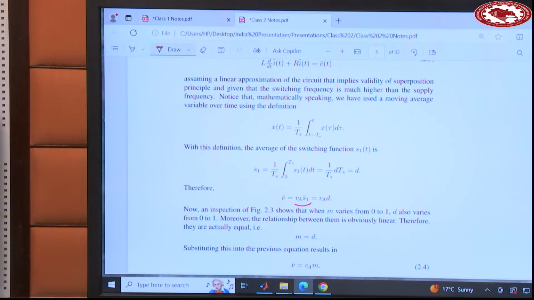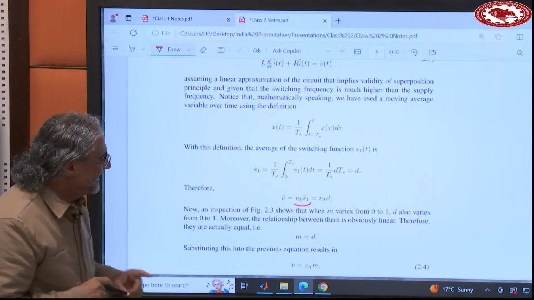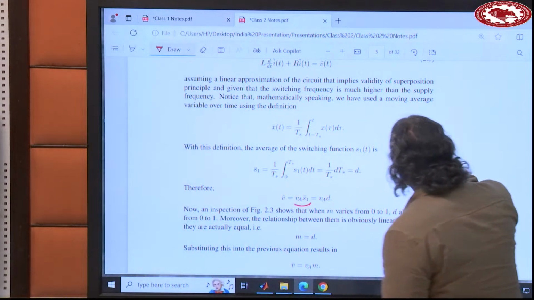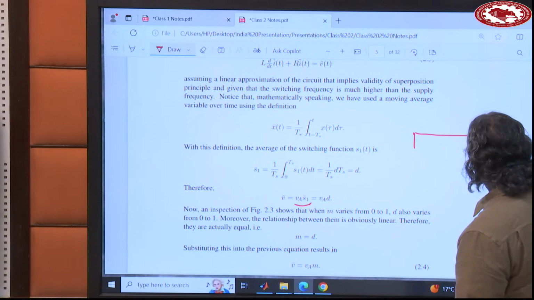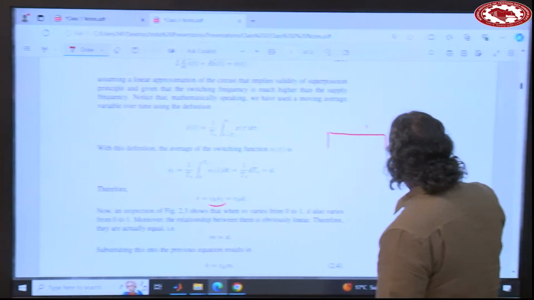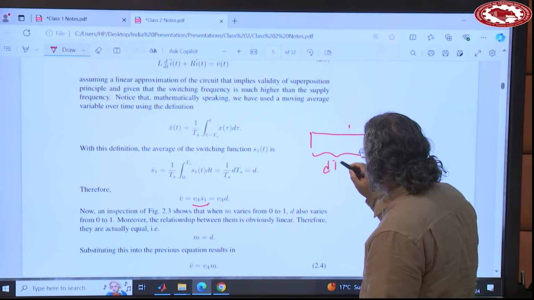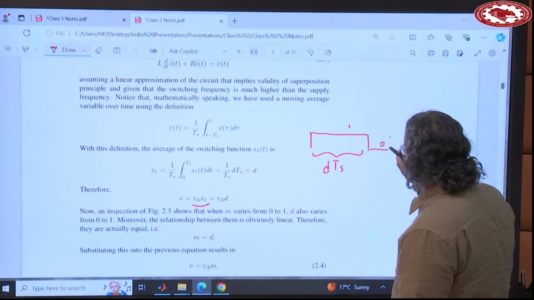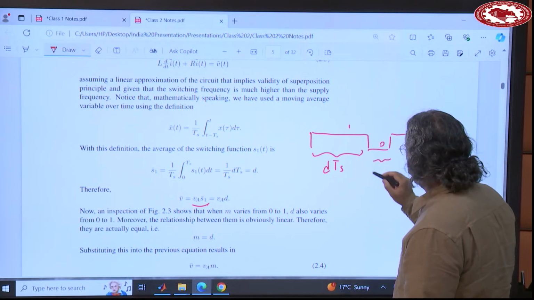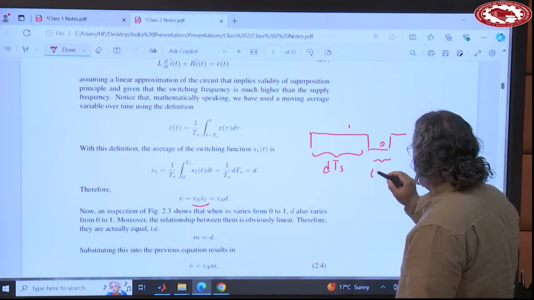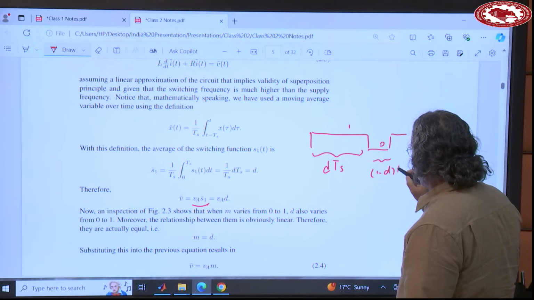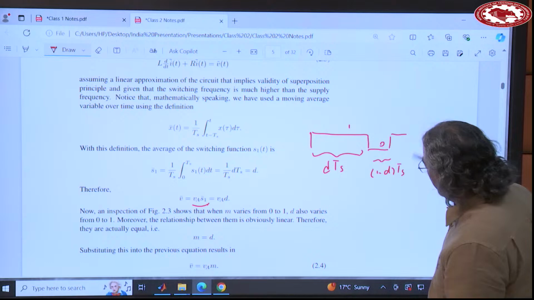The average of that is D, the duty cycle, because it's a waveform like this. It's 1 and then 0, and from here to here is dTs, and again it's 1 here, and here is 1 minus d into Ts. So the average of this waveform is d, the duty cycle.